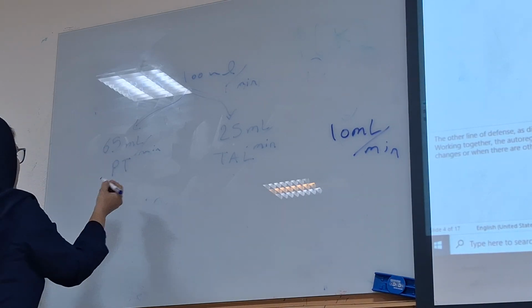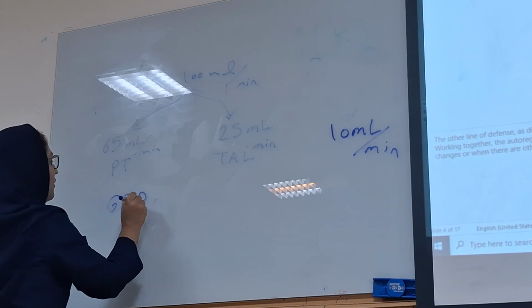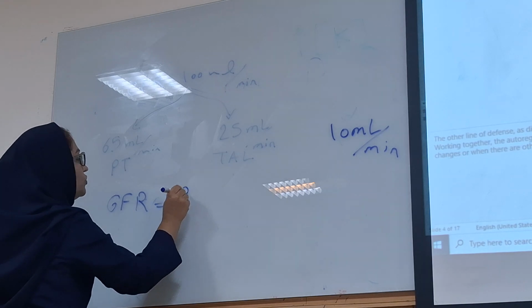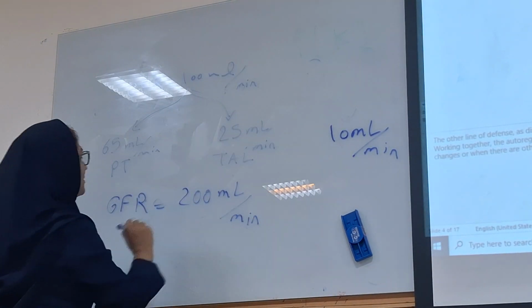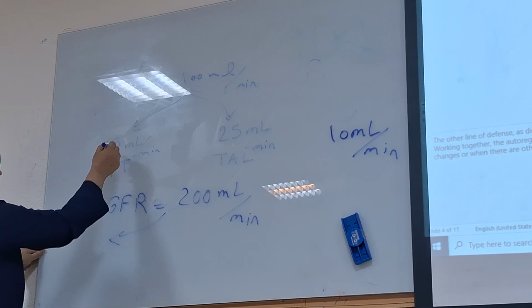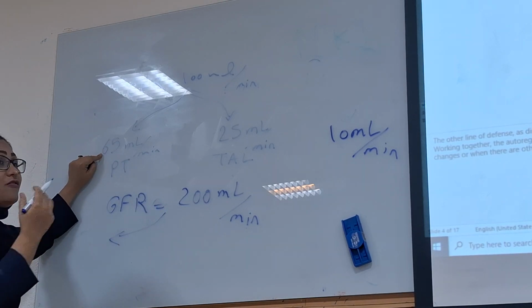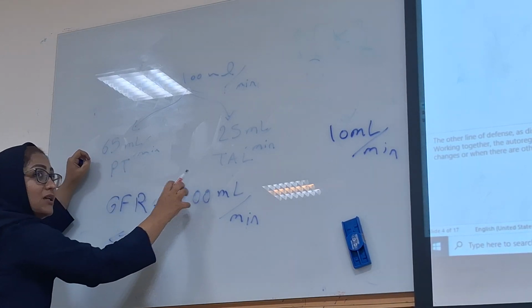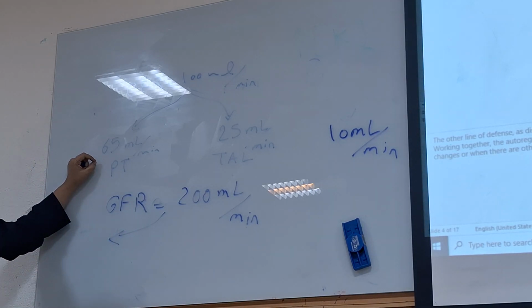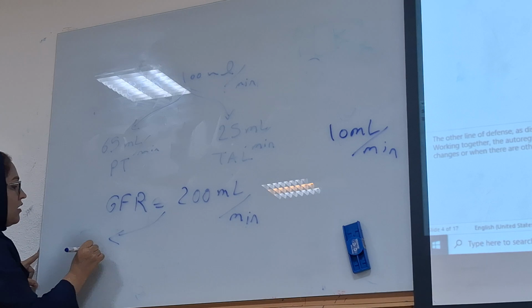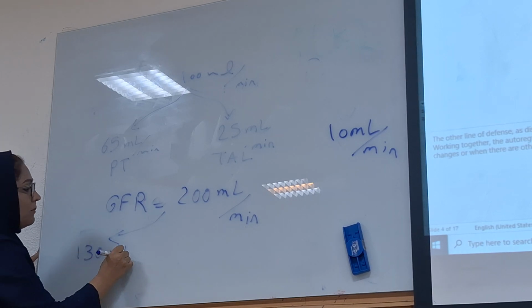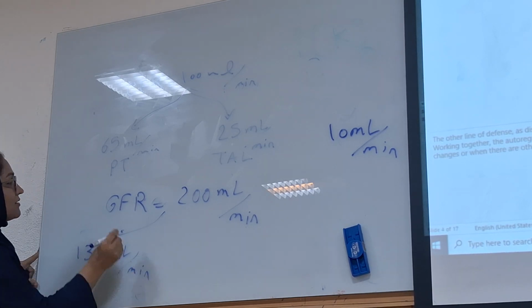Now suppose that GFR is, for example, 200 milliliter per minute. 65% of this amount is reabsorbed in the proximal tubule. 65% here is 130 milliliter per minute.